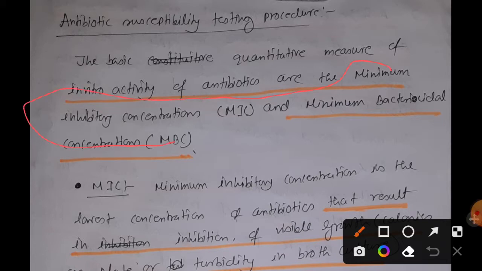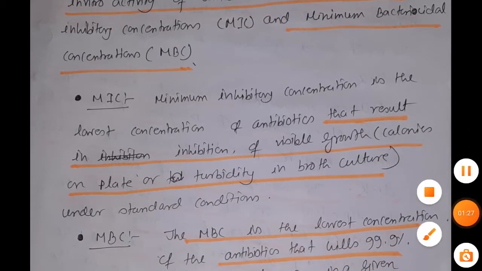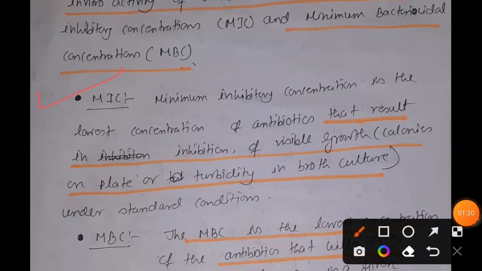One is minimum inhibitory concentration. Remember that minimum inhibitory concentration is especially important for bacteriostatic antibiotics, and you can understand why when I give you the definition of the MIC: it is the minimal concentration of the antibiotic that results in inhibition of visible growth.